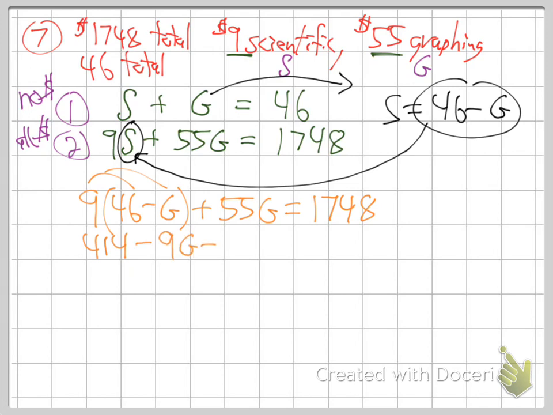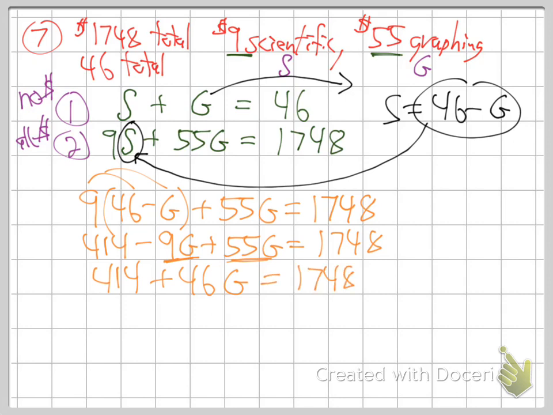Minus 9g plus 55g, 1748. Minus 9g plus 55 would be 46g, and then subtract 414. $13.34.